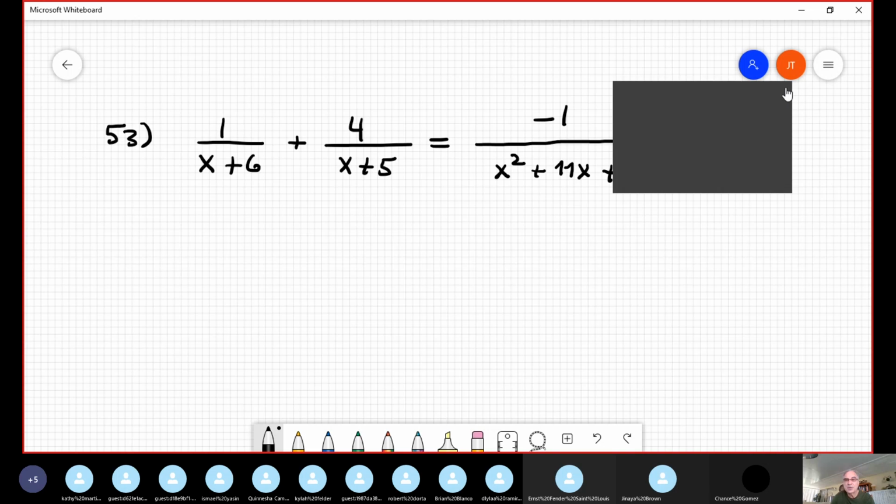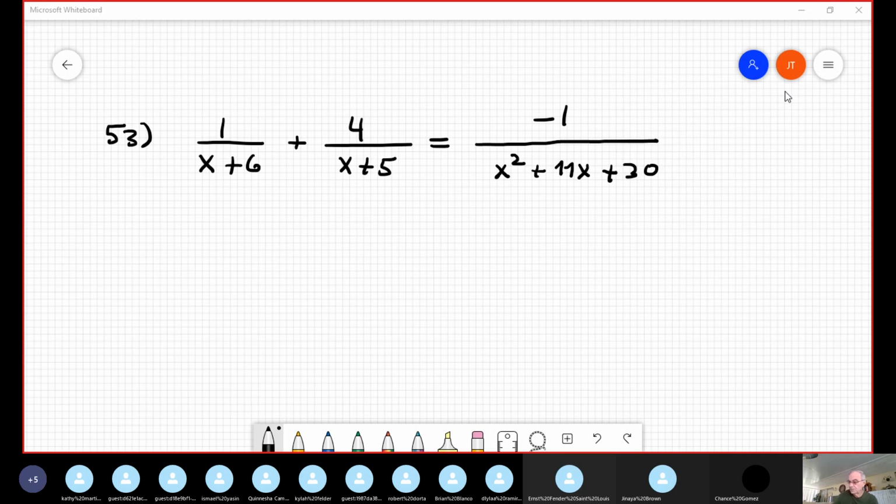Okay, so what should I do? Factorization, no? The only possibility we can factor is this trinomial, the last one. What sign? Plus.